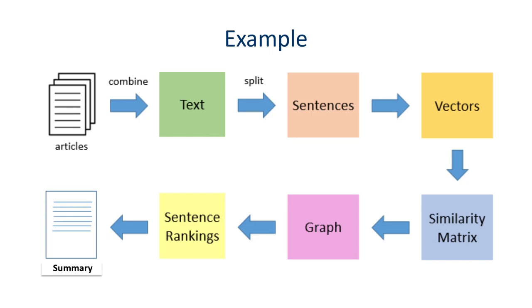These could be news articles, research papers, or web pages. The first step is to combine all the text from these sources into a single large block of text. This step ensures that all the information we want to summarize is collected together.